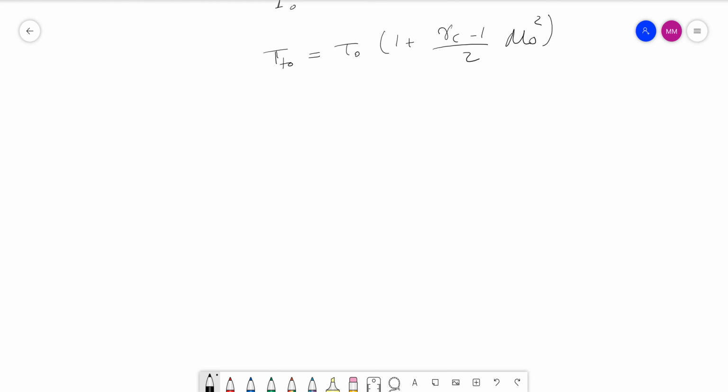You're going to use the same analysis for the compressor if you want to convert the total pressure to static pressure and vice versa in the inlet. And then you have the relationship between the pressure ratios and the temperature ratios and so on. To give you an example, for the compressor, the temperature ratio is equal to the pressure ratio to the power gamma c minus 1 over gamma c e_c.